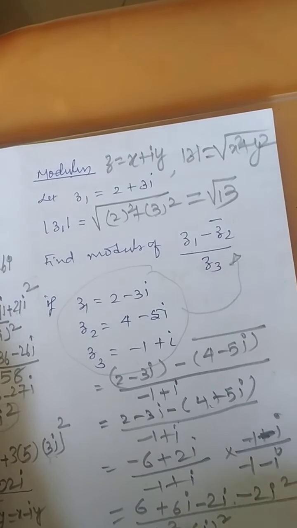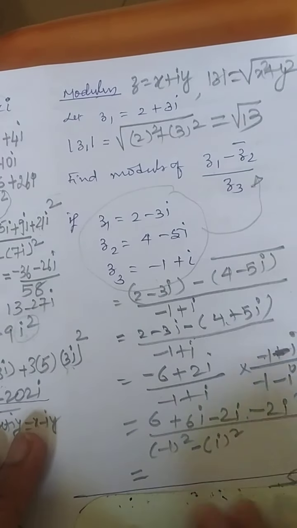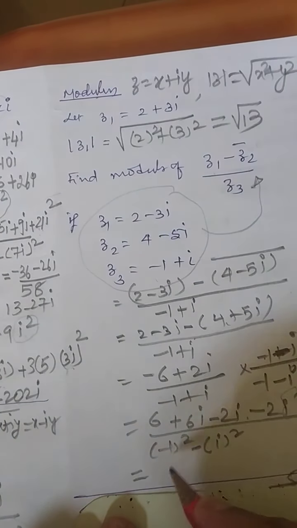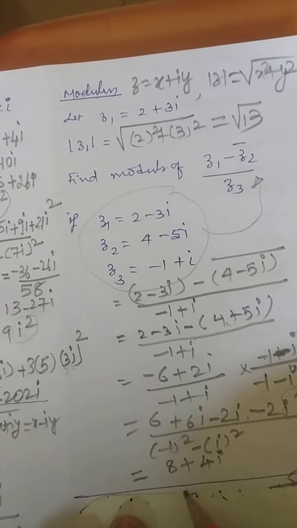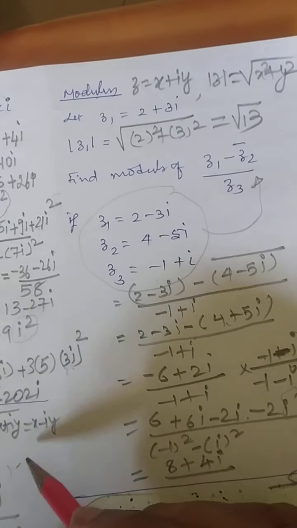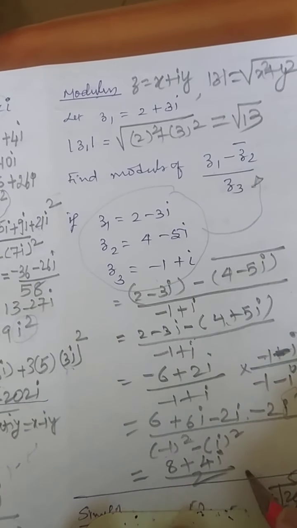So if you further simplify, finally you will get 6. This is nothing but minus 1. So it will be 8 plus 4i, and the whole is divided by minus 1 square is 1, minus i square is minus 1, so you will be getting 2. You can take 2 common, and finally you will get 4 plus 2i.